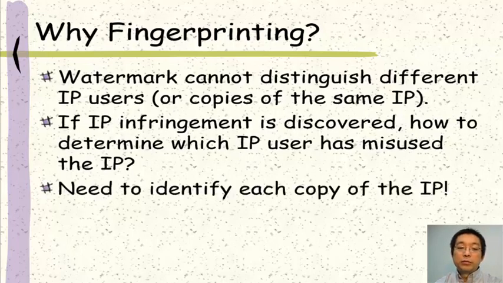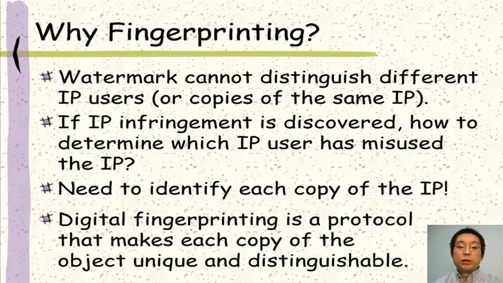The answer is no, unless you can find a way to identify each copy of the IP, or you have to make different copies of the same IP. Digital fingerprint is a protocol that can make each copy of the object unique and distinguishable.